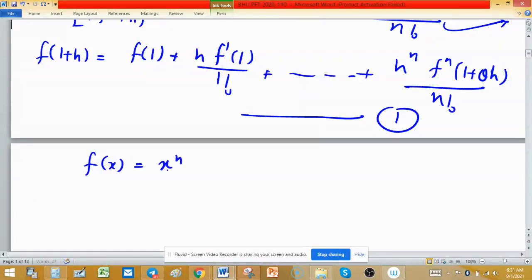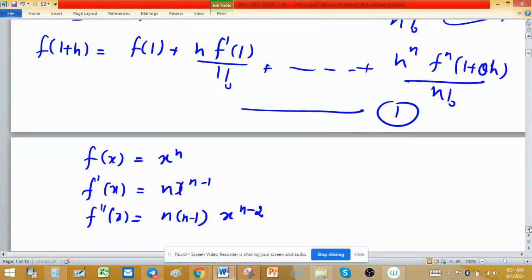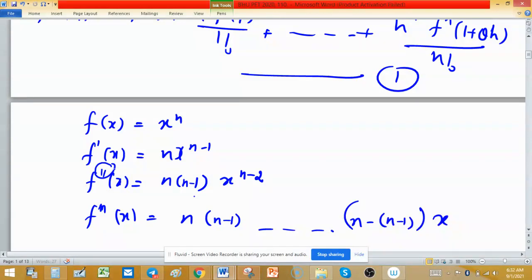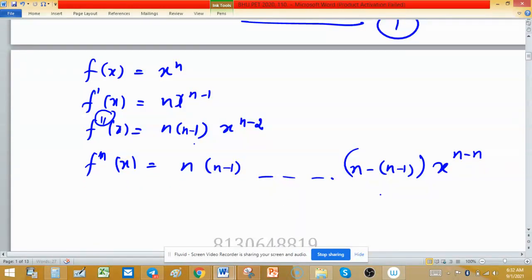As f(x) equal to x^n is given, f'(x) will be n x^(n-1), f''(x) will be n(n-1) x^(n-2), and doing derivatives like this, the nth derivative will be n(n-1) up to 1 times x^0, which is again 1.